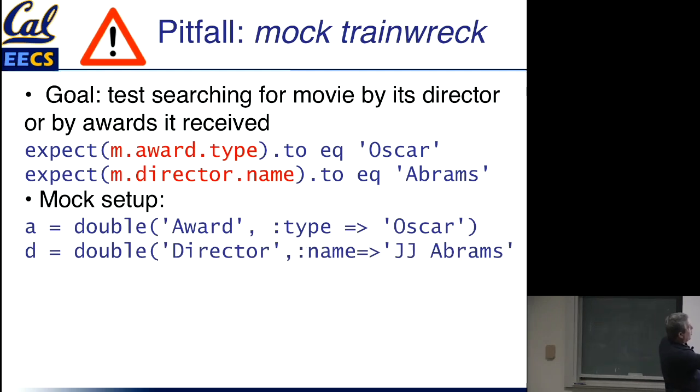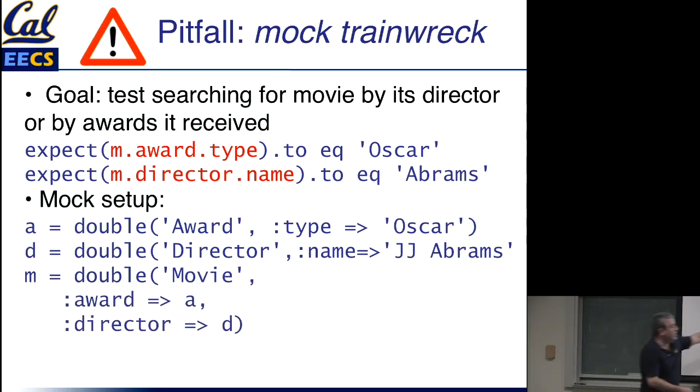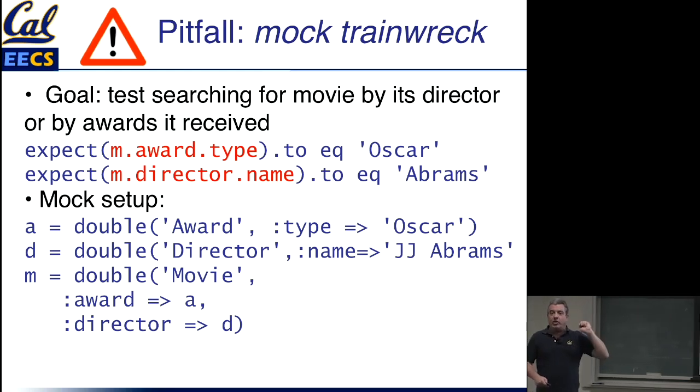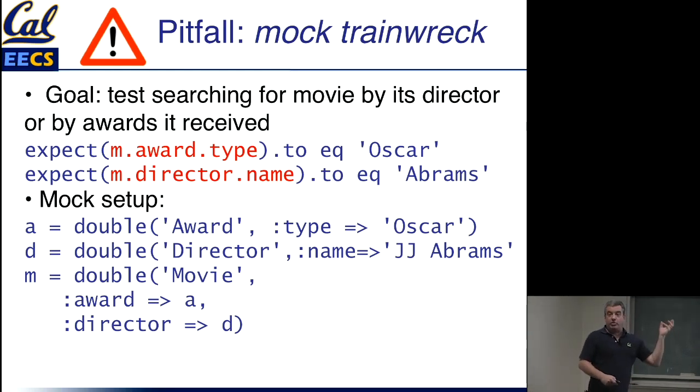I need a dummy for the award and the director, and I need to say, on the double movie, return those things. Like, this is a mess, right? This is more code than you should have to read, and it doesn't test anything interesting. Some people call this a mock train wreck, mock being another word for the stunt double object that stands in for the movie.